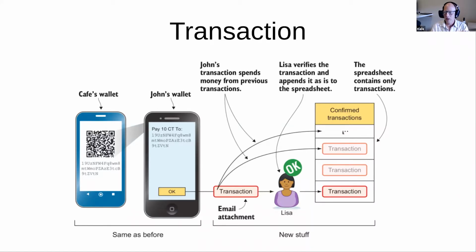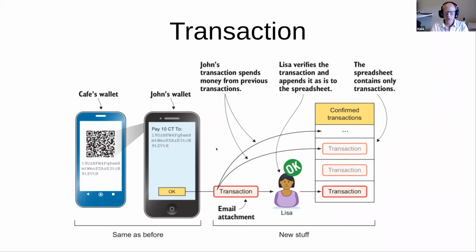So the spreadsheet now contains only transactions, but the transactions themselves contain information about what money to spend and where to send them. And they also include signatures of the sender, which is important, because then anyone who reads this spreadsheet can verify that the sender is actually authentic.